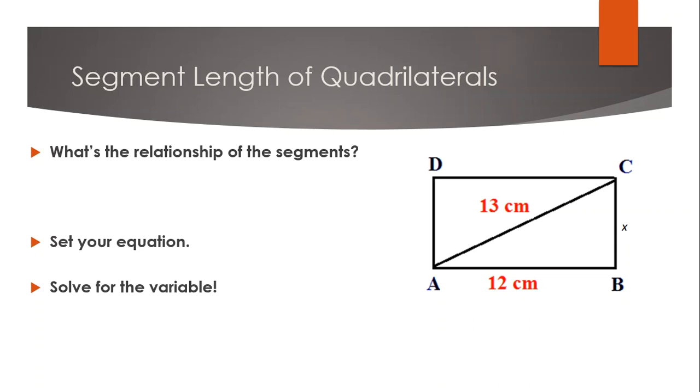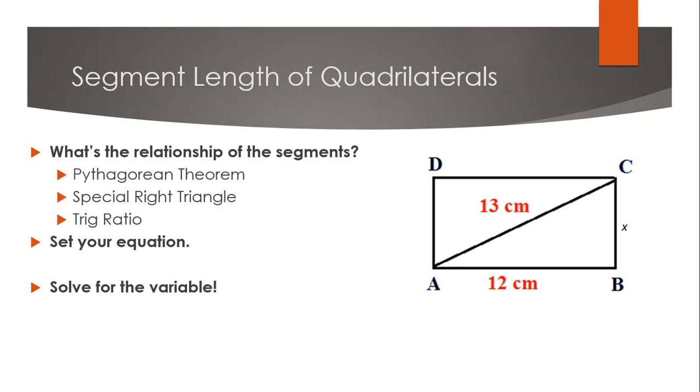Sometimes when we're finding a segment length, we may need to use some of our previously learned knowledge. Here we have a rectangle, and we're trying to solve for x. We need to determine if we're going to use the Pythagorean theorem, the knowledge we have about special right triangles, or possibly a trig ratio.